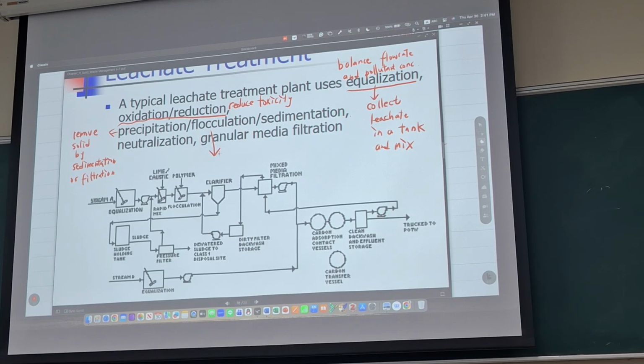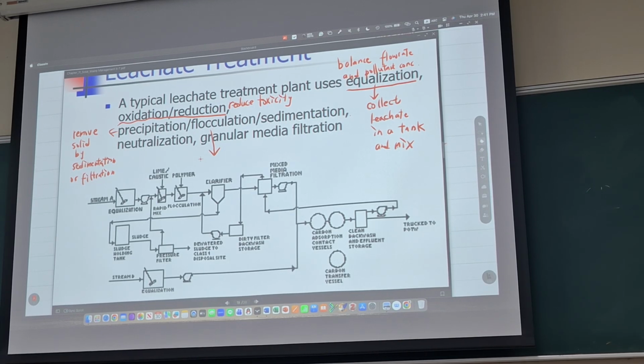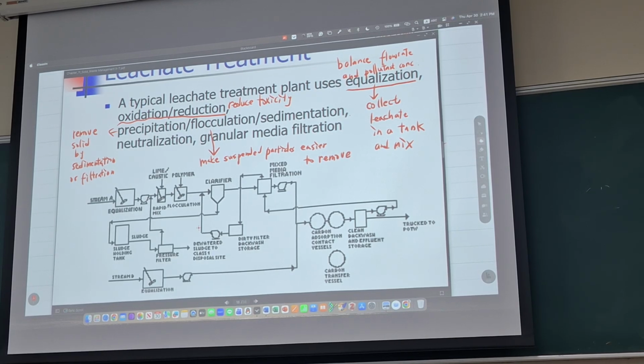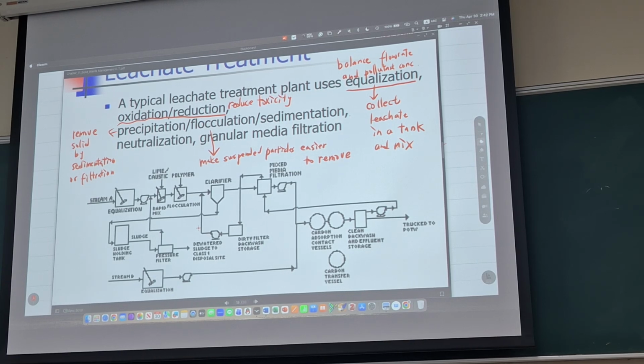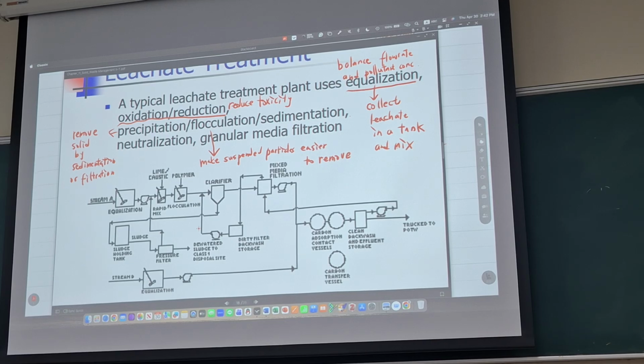Flocculation. So for flocculation, we want to make the suspended particle easier to remove. That's flocculation. So for flocculation, we add some chemical, for example, some polymer.